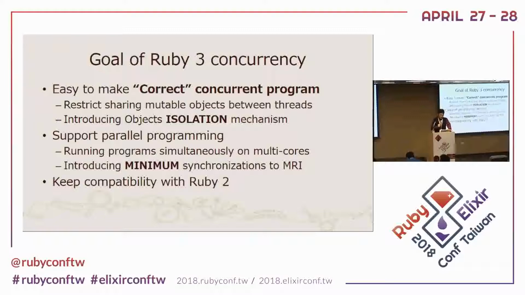And the last goal is to keep compatibility with Ruby 2. If we change the specification from Ruby 2, and if we release Ruby 3 with some huge incompatibility, nobody uses Ruby 3, like Python 3. So compatibility is very important.